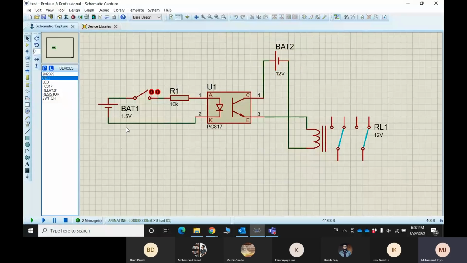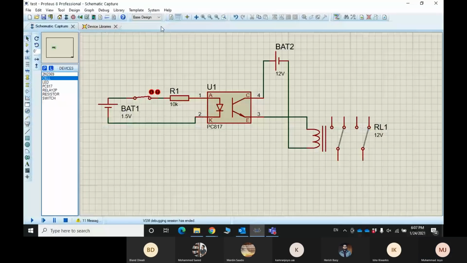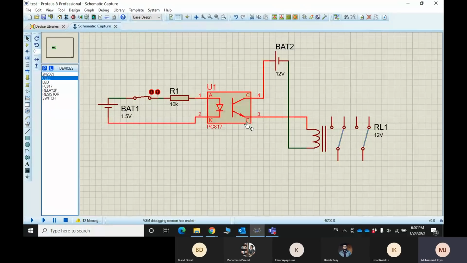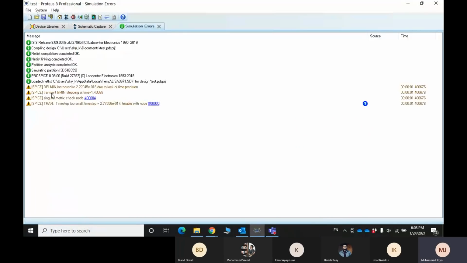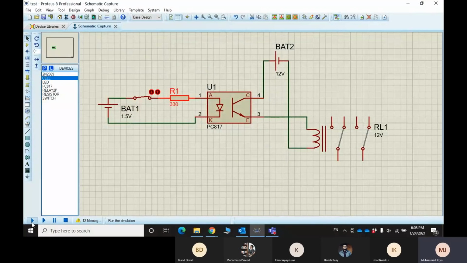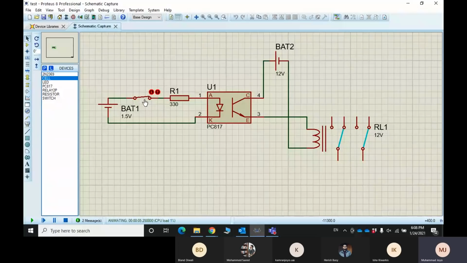Let's see if it works again or not. Cannot turn on.